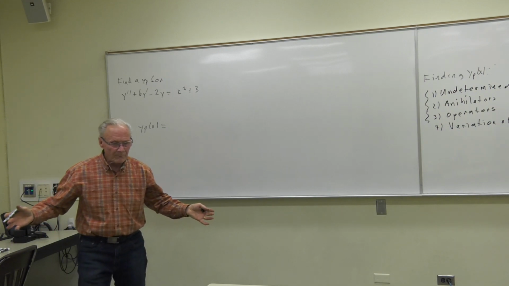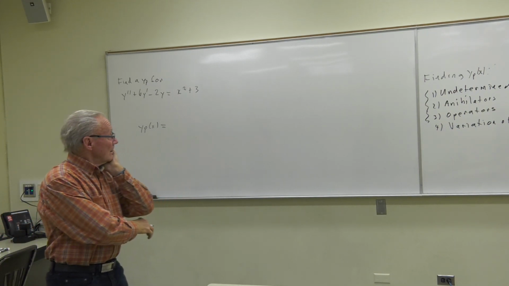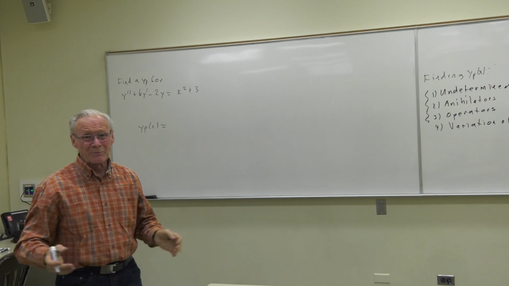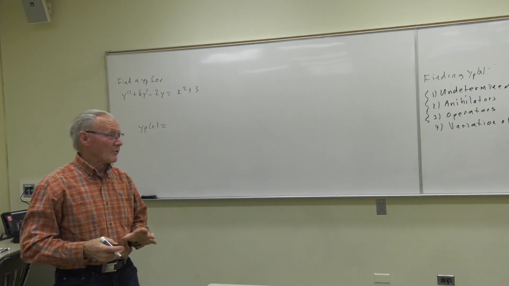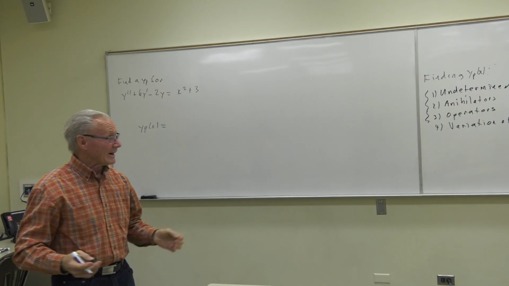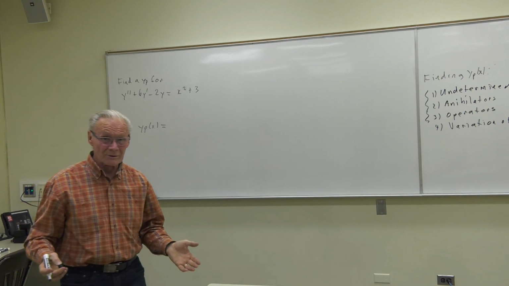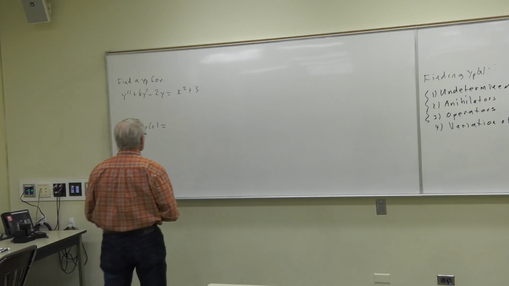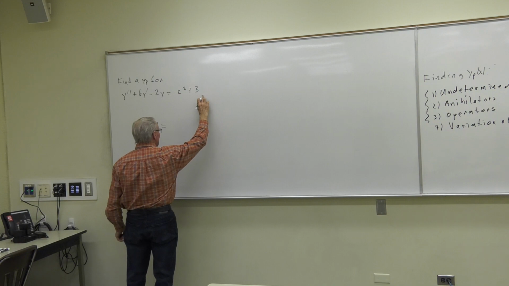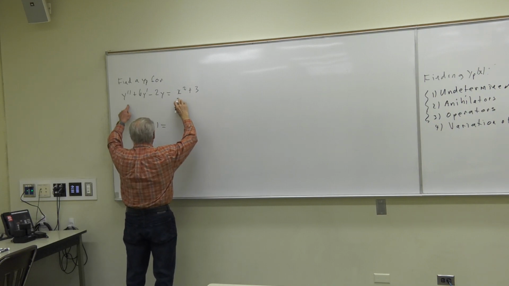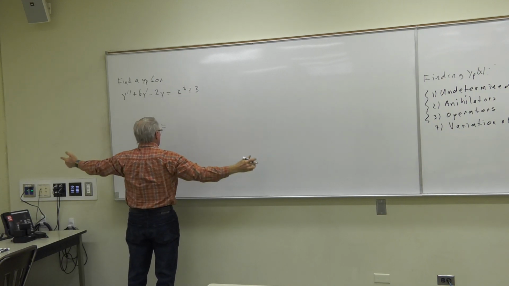What do you think it might be? Well, I don't think it's an exponential. I don't think it would be trig. I don't think it would be square roots. The only logical thing is, if I put something that looks like that, and I differentiate it twice and once and put it there, it would come back again.